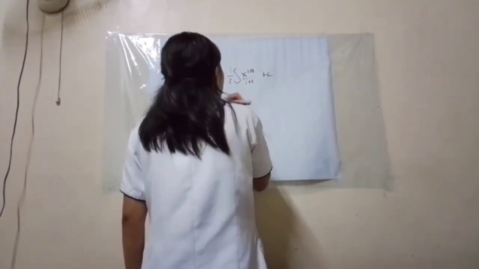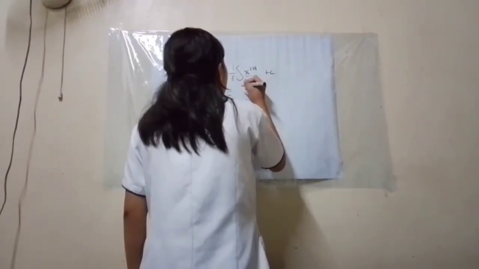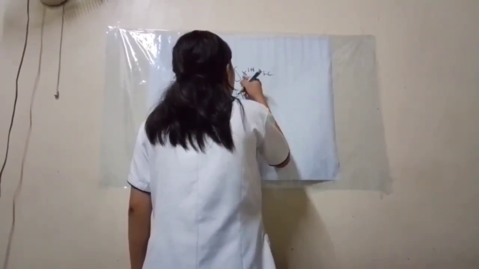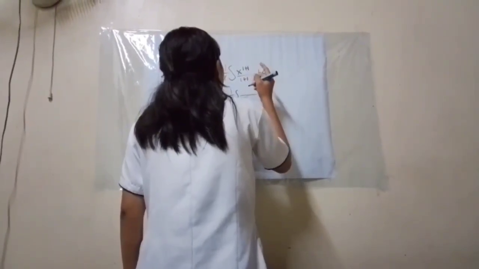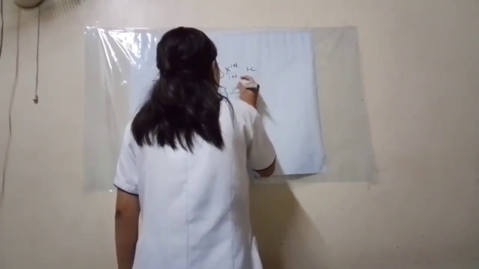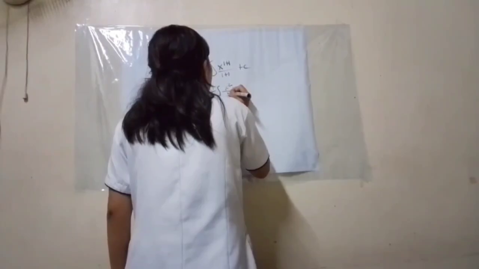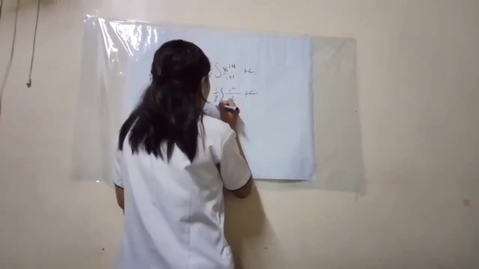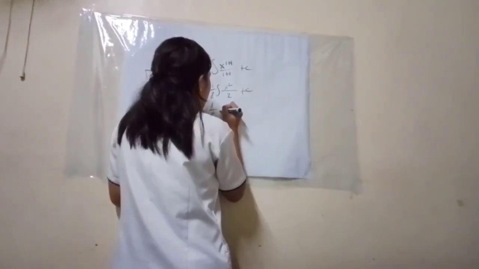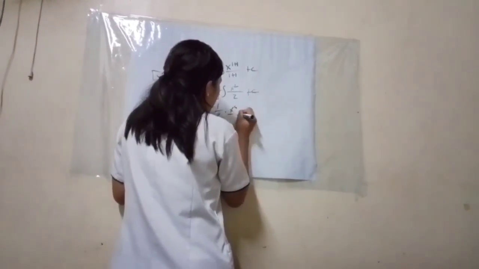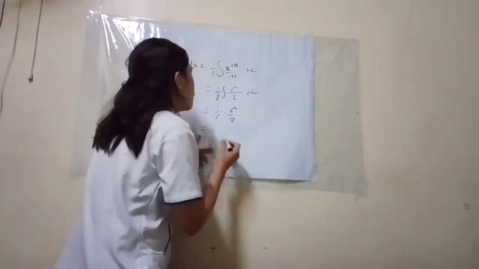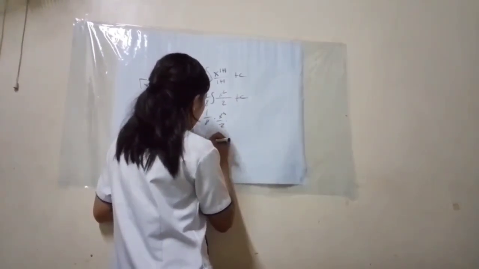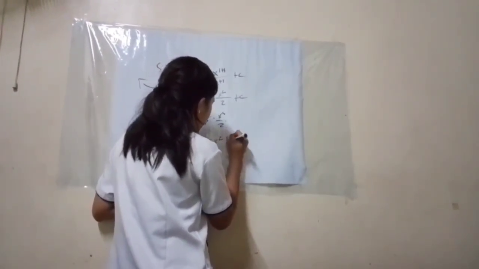Then the next thing we're going to do is add them. x to the 1 plus 1 will be x squared, and 1 plus 1 will be 2. Then we're going to multiply them: 1 over 8 times x squared over 2. So 8 times 2 would be 16, and the answer would be 1 over 16 x squared plus c.